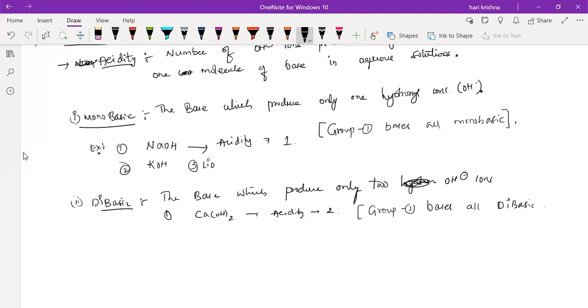Next, LiOH. All these are monobasic. Second group: beryllium, Be(OH)2, magnesium, calcium, barium, Ba(OH)2. All these are dibasic. Understanding? Yes, sir.